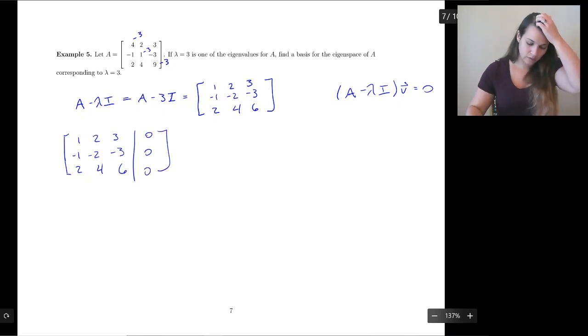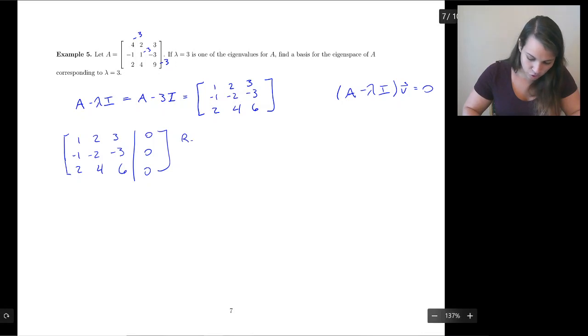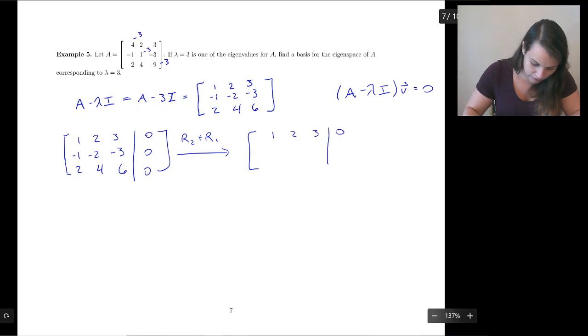Now let's take out row 2 just by adding row 1. So 1, 2, 3, 0. And that canceled out perfectly.